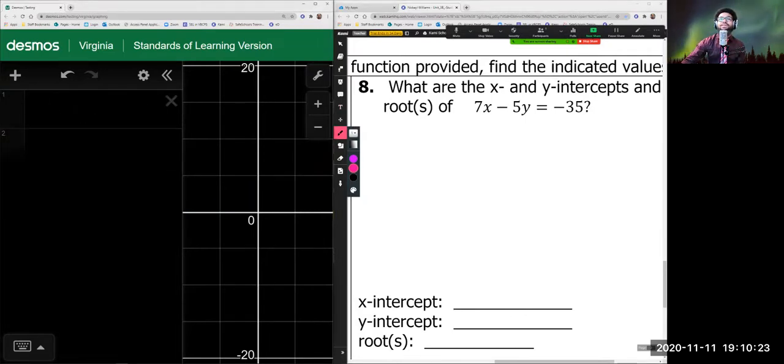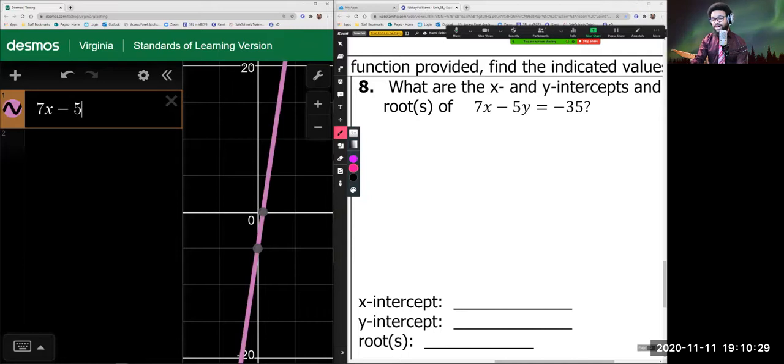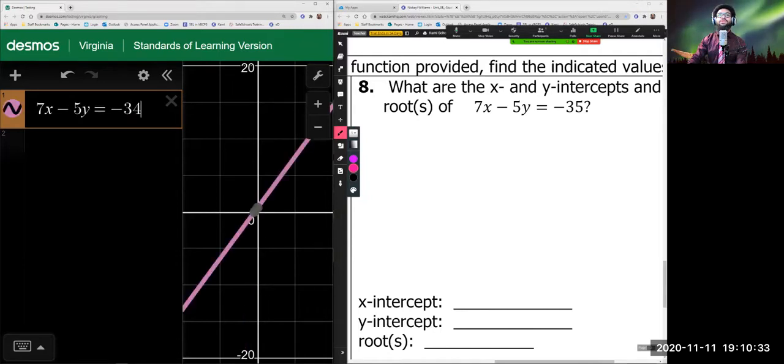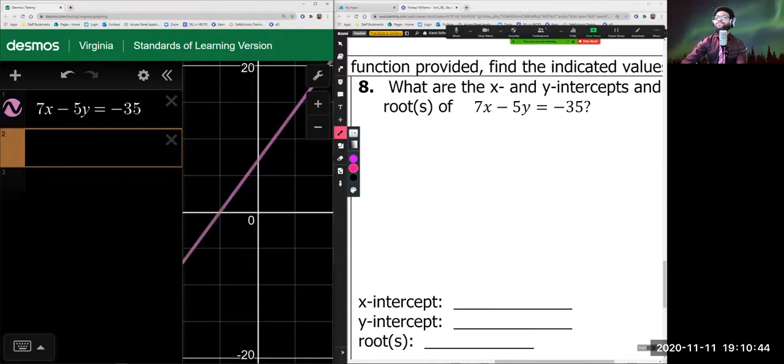So I'm going to go back to Desmos, delete that old equation, and type this one in. 7x minus 5y equals -35. All right. And so when you're doing it this way, you want to make sure you type in the equation correctly.